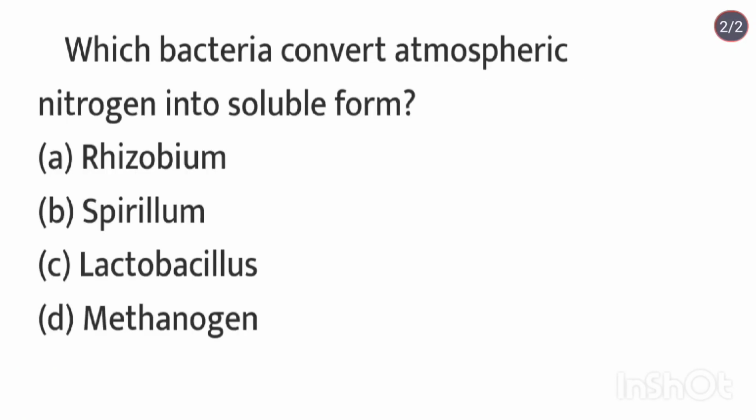Which bacteria convert atmospheric nitrogen into soluble form? Rhizobium bacteria. Rhizobium, a bacterium, they can take atmospheric nitrogen and convert it into a soluble form. They live in the roots of gram, peas, mung, beans, and other leguminous plant.